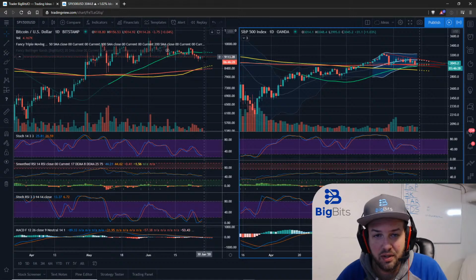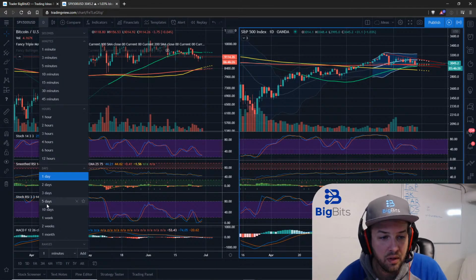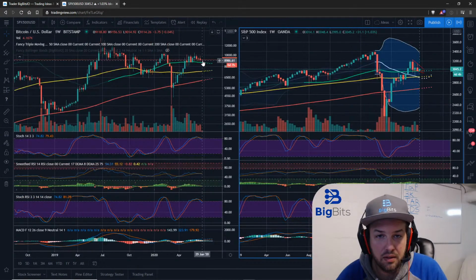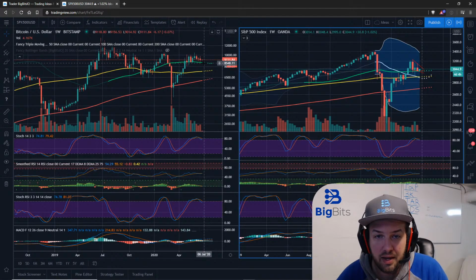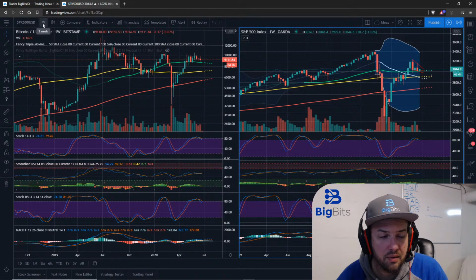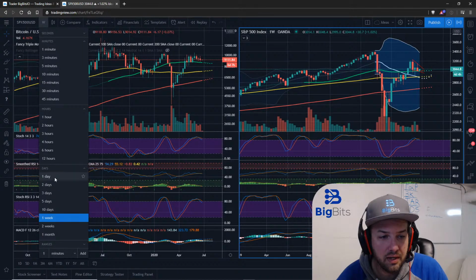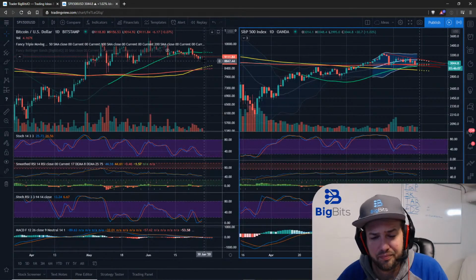I'm stuck between the moving averages on the daily, the weekly, still above the 50, which is really good. I kind of expect we'll come back down to the 50, but who knows how long that'll actually take. What was it, the daily? Yeah.